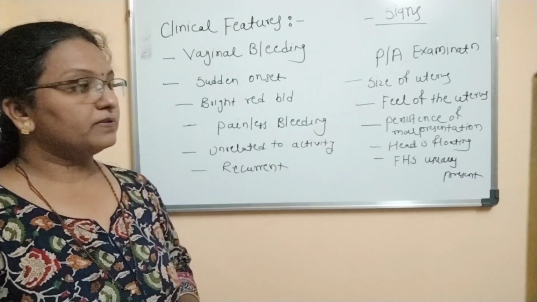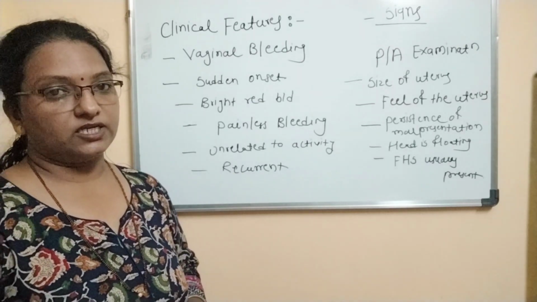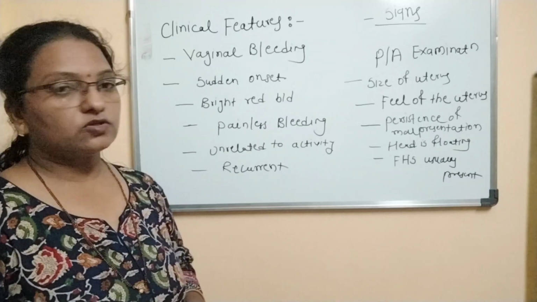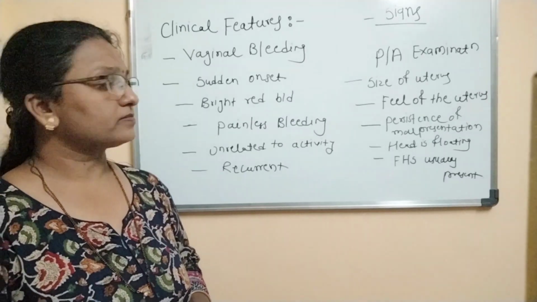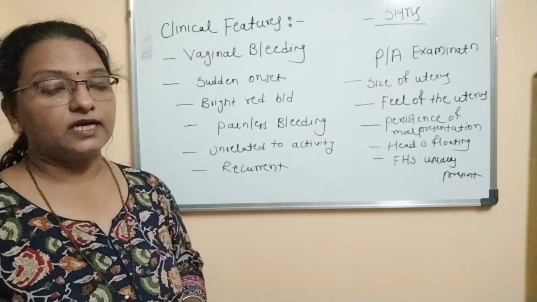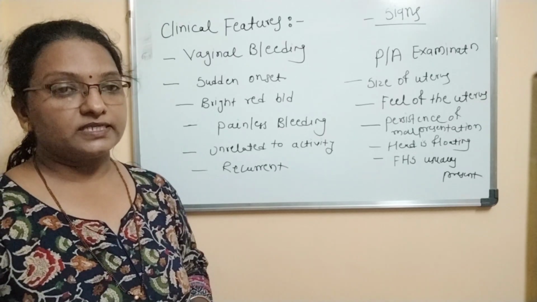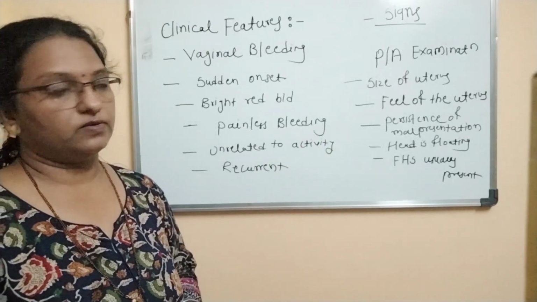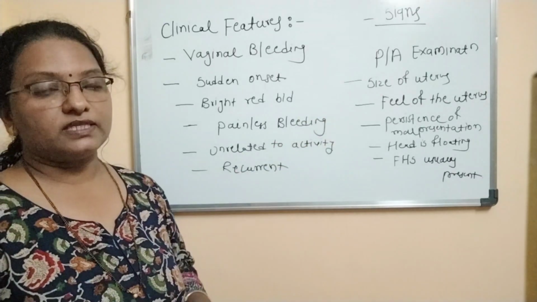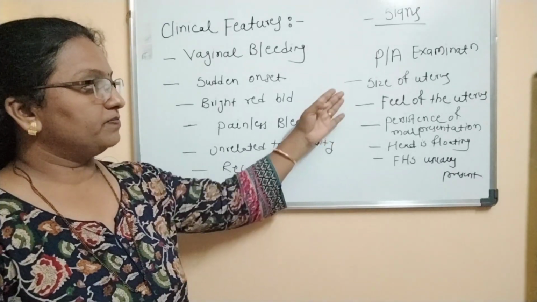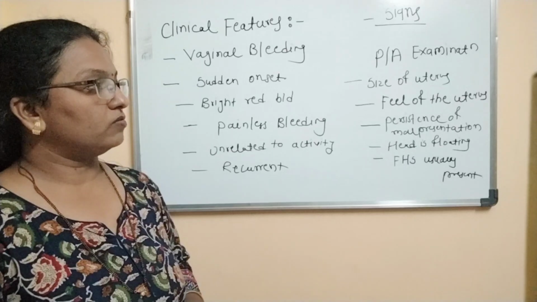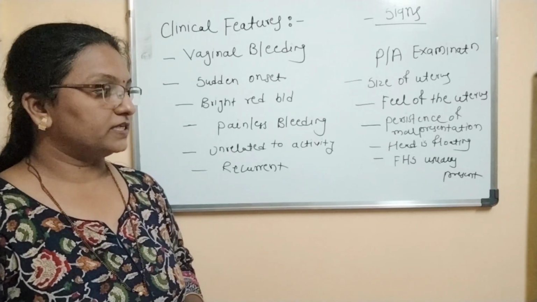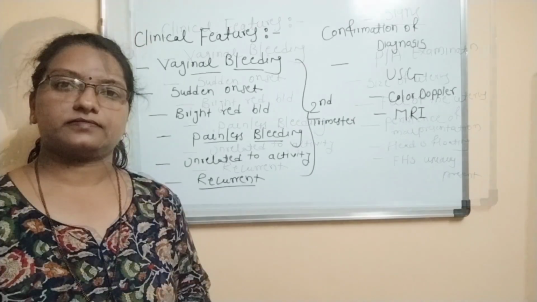Then there will be persistence of malpresentation. There will be no change in the presentation. Then the head is always floating. And lastly, the fetal heart sounds: if you auscultate, they will usually be present. So these are the per abdominal examination signs.